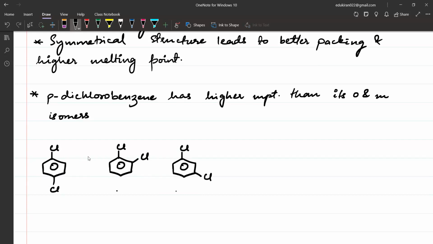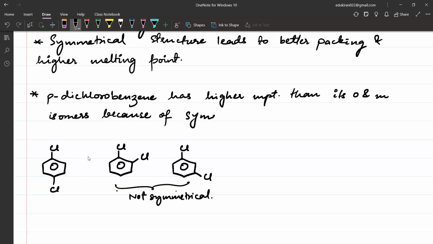So that is why their packing is not good. p-Dichlorobenzene has a higher melting point than its o and m isomers because of its symmetrical structure and better packing.